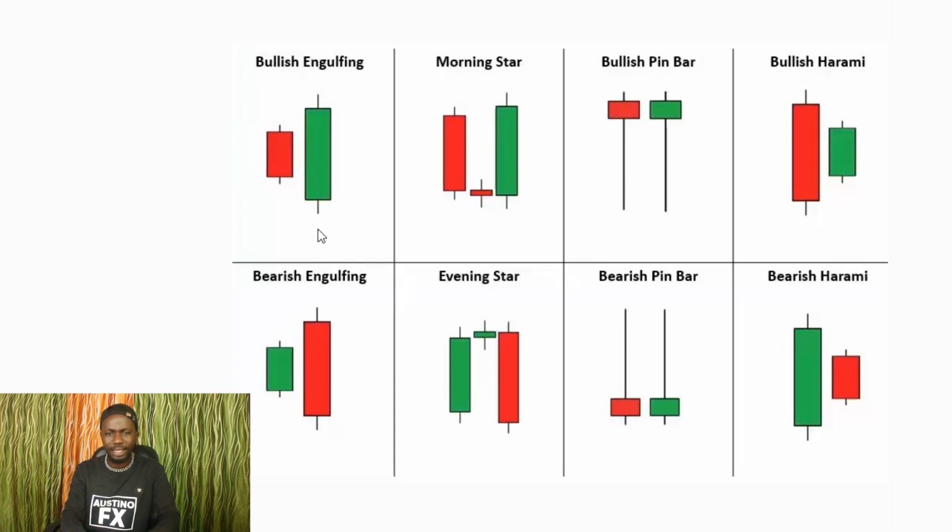So you should identify this candlestick pattern at an area of value. Once you identify it any other place apart from an area of value, it will not give you the signal that you need. So this candlestick pattern must be identified at an area of value, support or resistance level. So take note, there must be a trend for you to identify it.